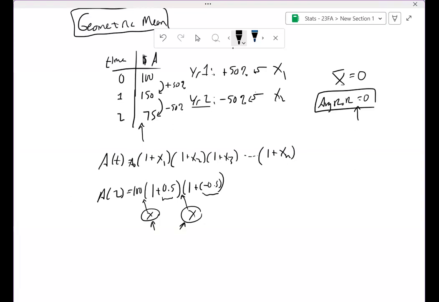So I would like to find a mean rate of return, let's just call it R, so that if I got that constant rate of return every year for these 2 years, I would have the same amount at the end. That's what I would like to be true of a mean rate of return, right?